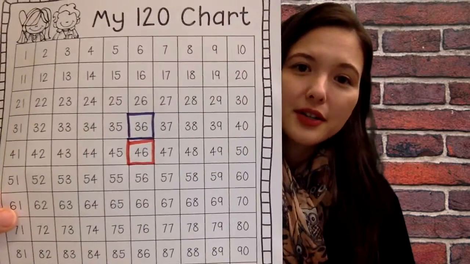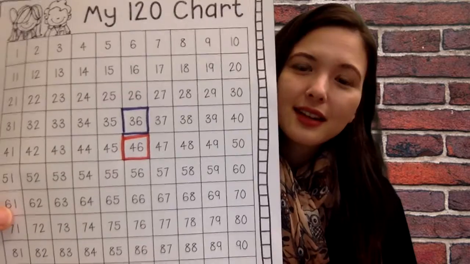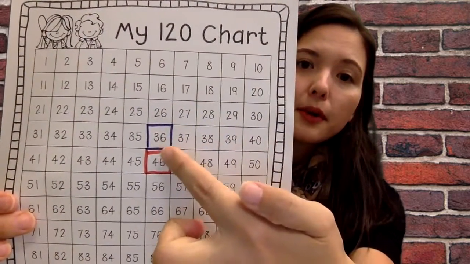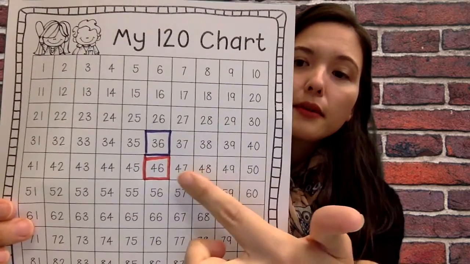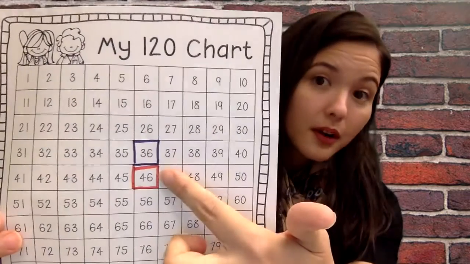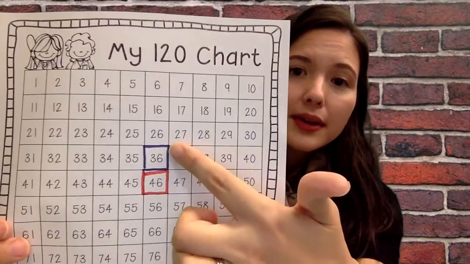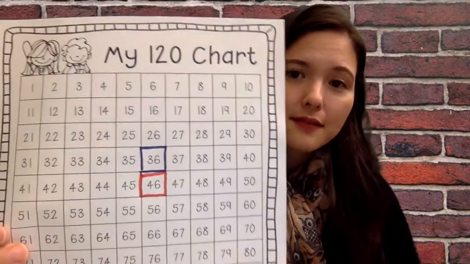Okay. Did you draw your square around your number 46? Okay, so I noticed that my 36 is right there with the purple square, and then the number 46, which is 10 more, is right below. So 10 more than 36 is 46.